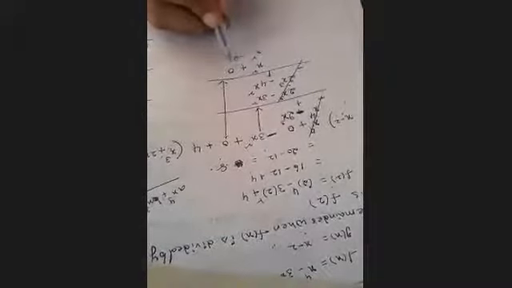So x into x, x square. Again x into minus 2, minus 2x. Again we have to change the sign. Minus, again here plus. This will get cancelled. Again here, 2x is there.